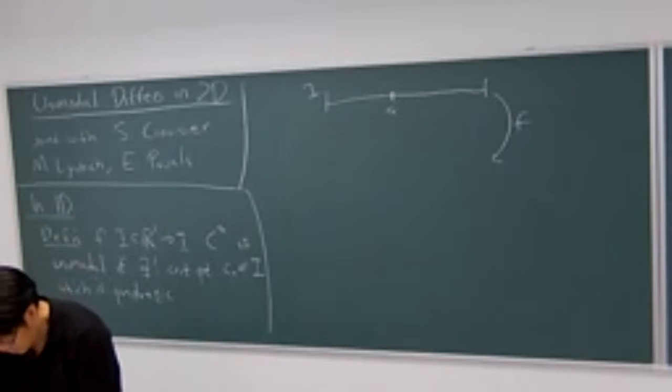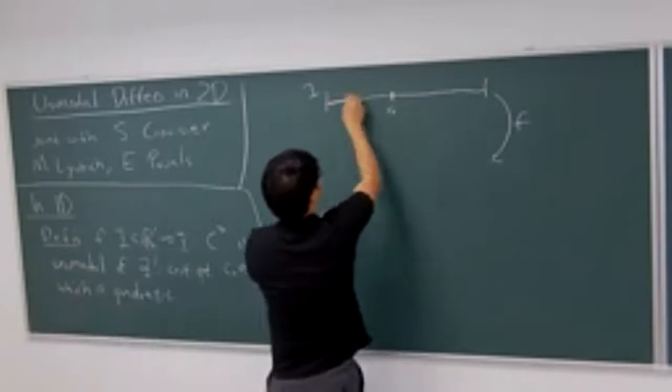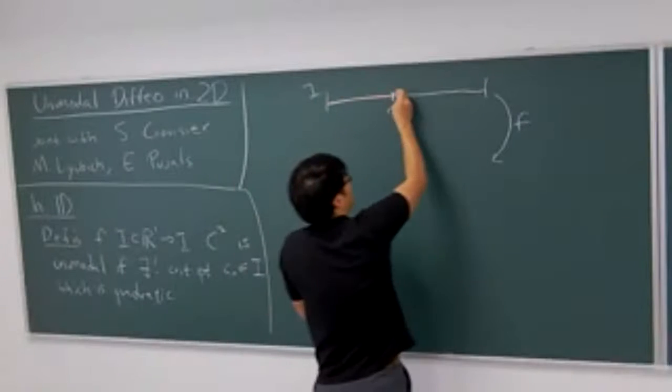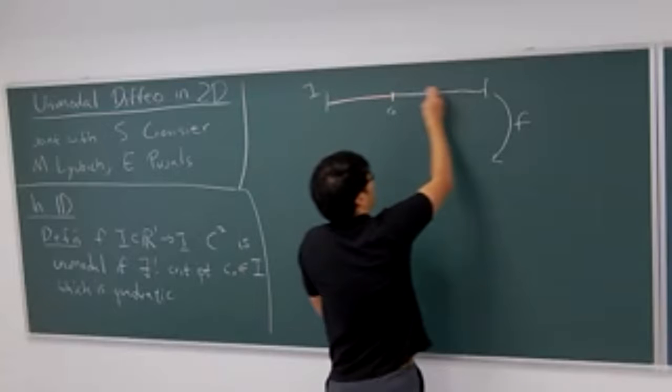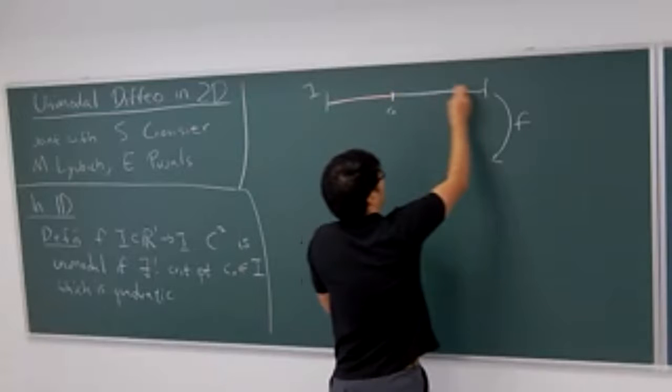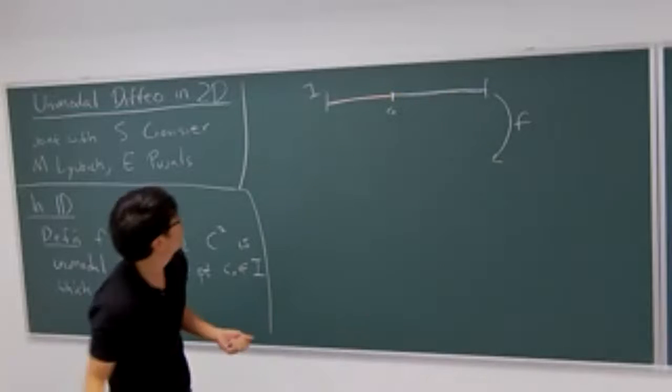So we take the left half, and then we fold it in two. So this is the action. Okay, so this is a 1D model.